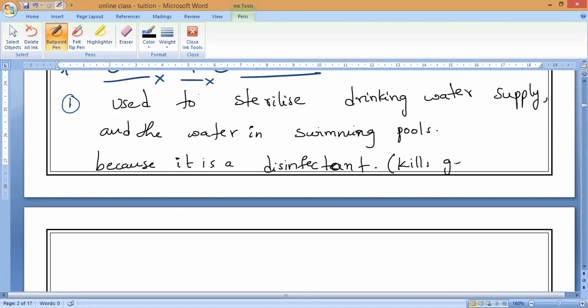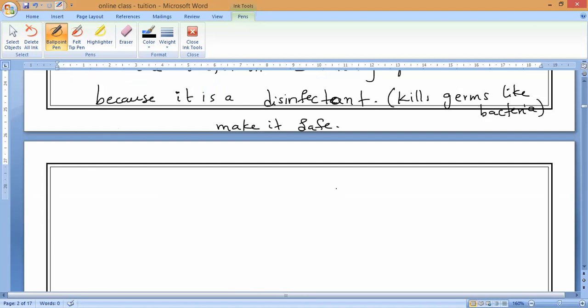It kills germs like bacteria present in water and makes it safe to consume. That is what you have to remember.